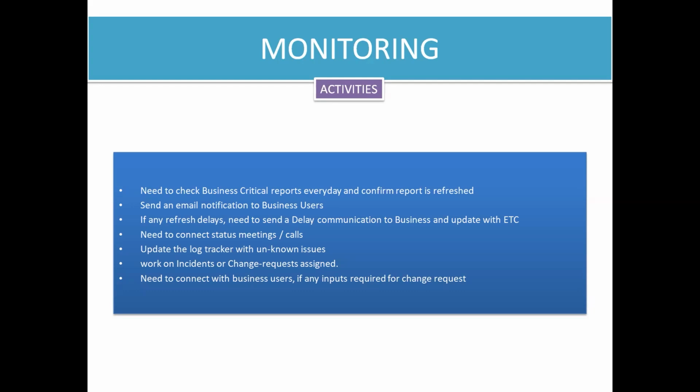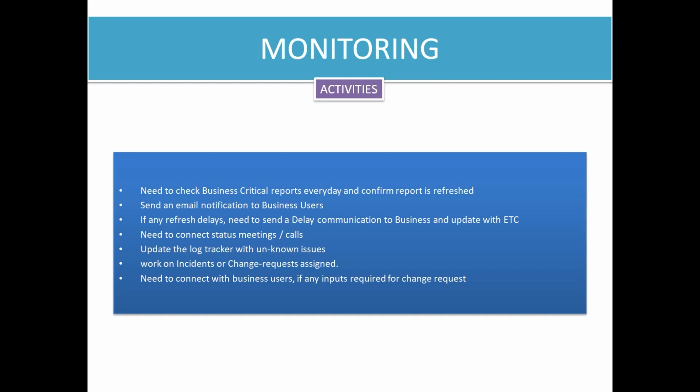In that case, we have to send a delay notification to the business stating that this report has not been refreshed with the current data because dependent jobs have not completed, and that we will update them with the estimated time of completion. We send this as an email notification to all the business.